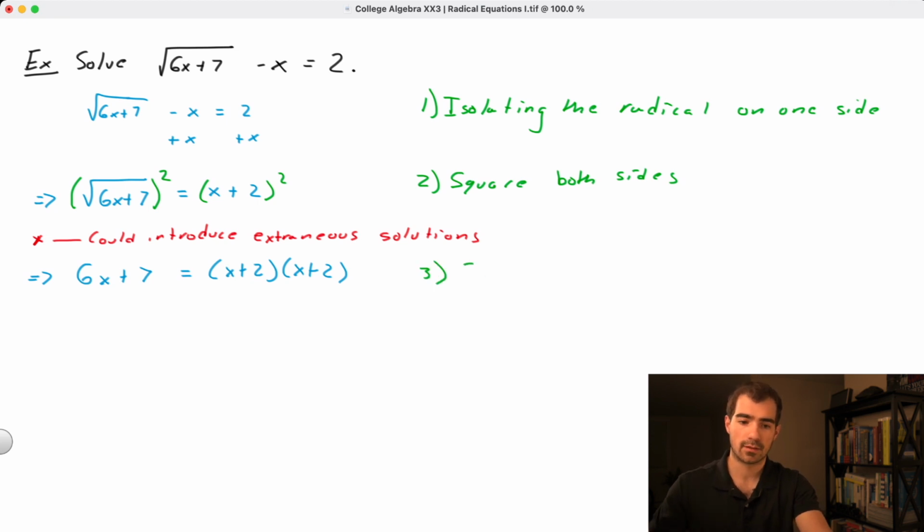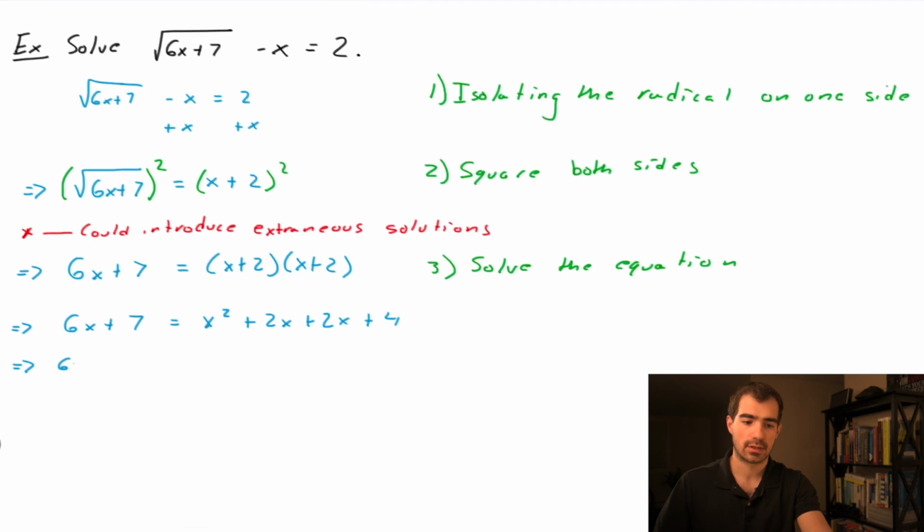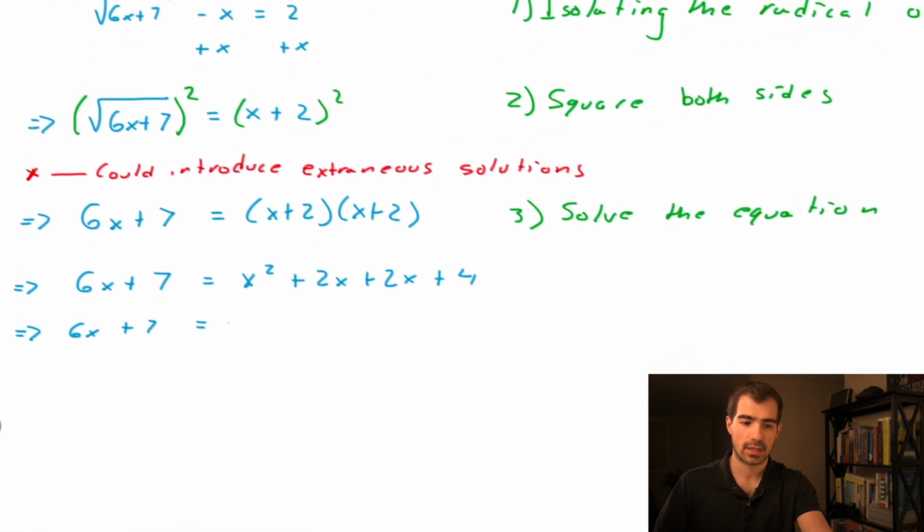And so from here, we'll solve the equation as we previously might have, meaning we'll expand the right-hand side by FOILing. So we'll leave 6x plus 7 on the left, and then on the right, this will give us x squared plus 2x plus 2x plus 4, which simplifies to x squared plus 4x plus 4 when we combine like terms.